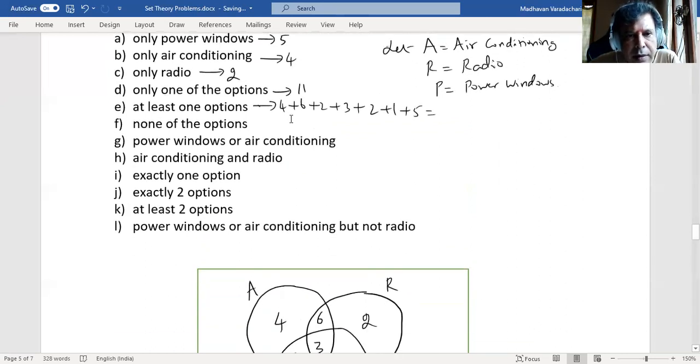So let us add: 10, 12, 15, 17, 18, and 23.